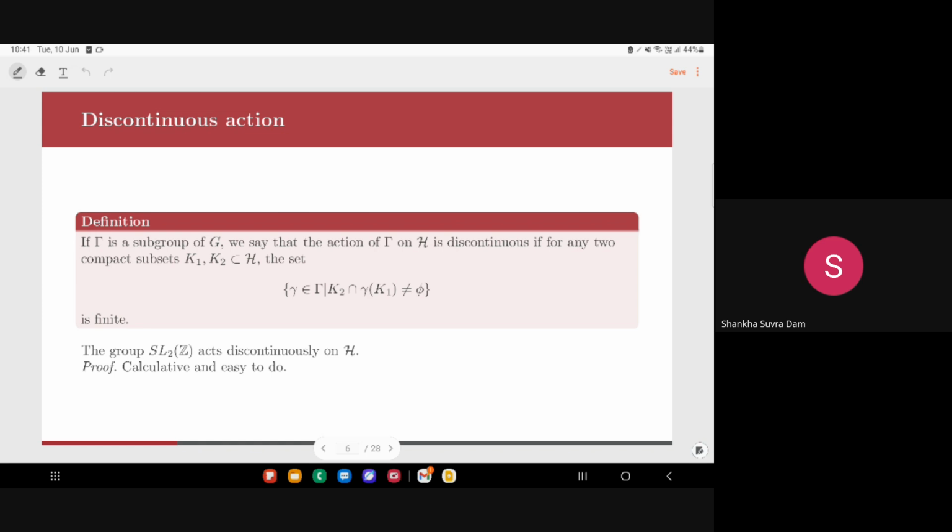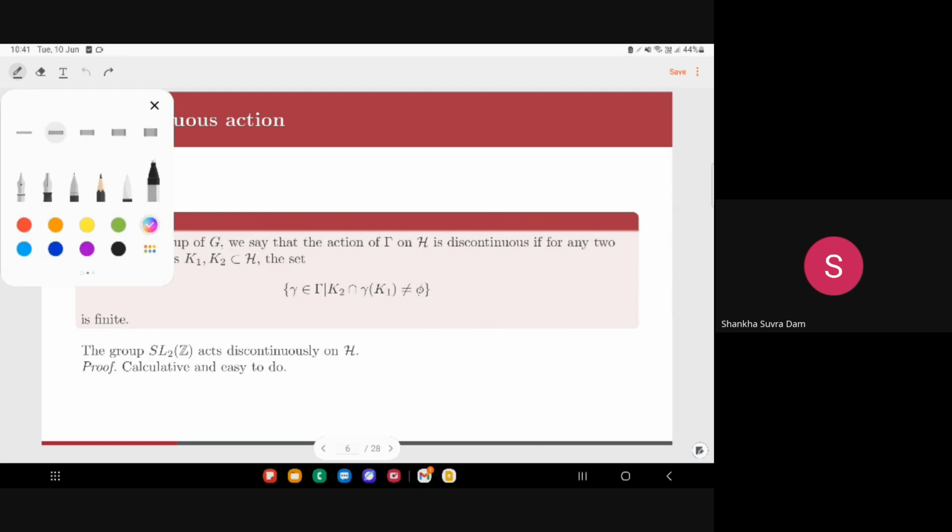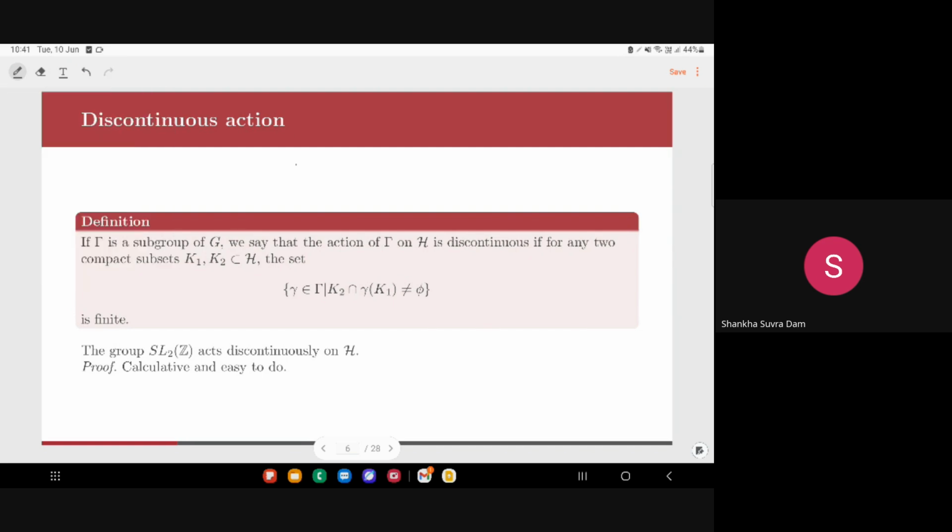like, for example, it can be proved actually that SL2Z can be generated by two matrices, [1, 1; 0, 1] and [0, -1; 1, 0].